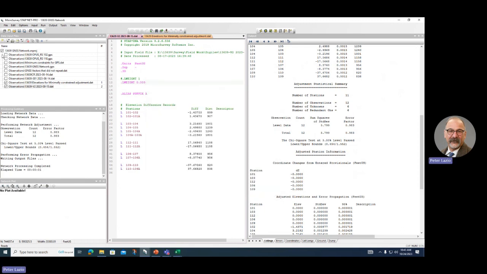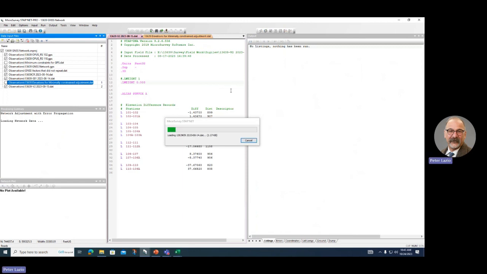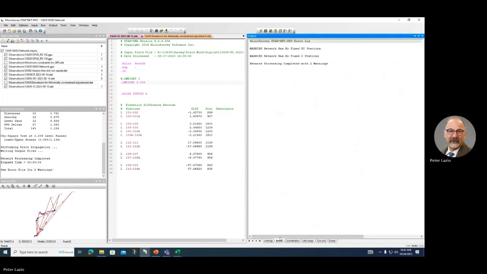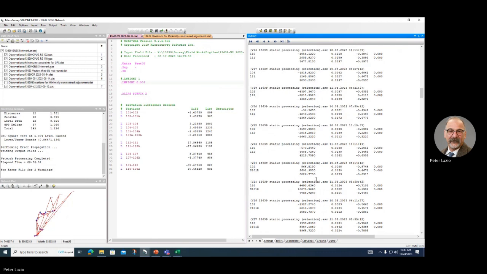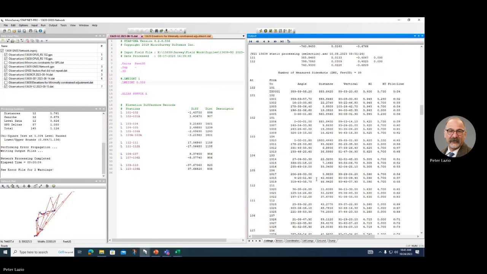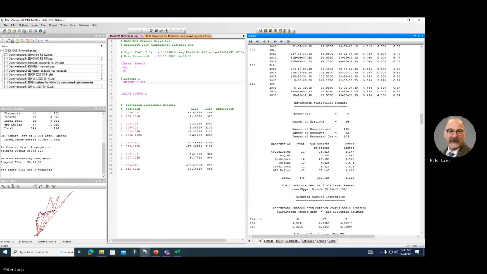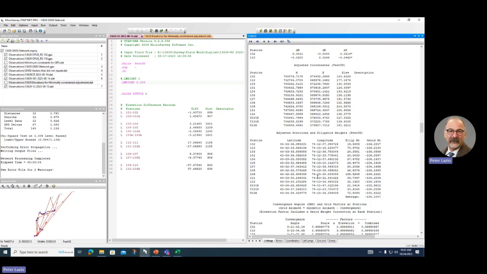And now when we run everything, leveling residuals.